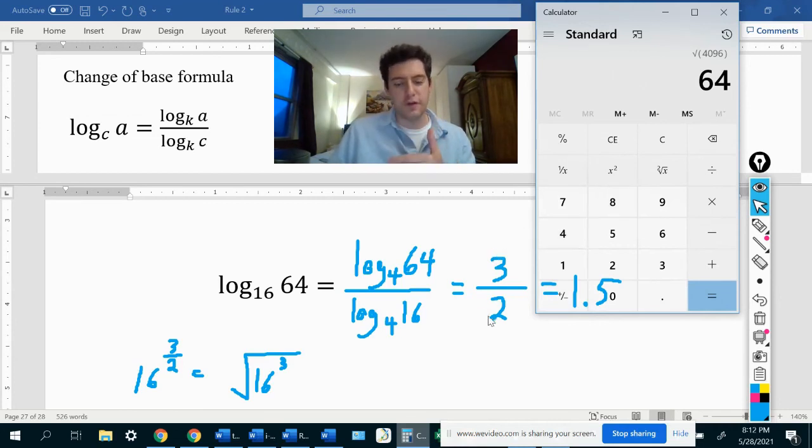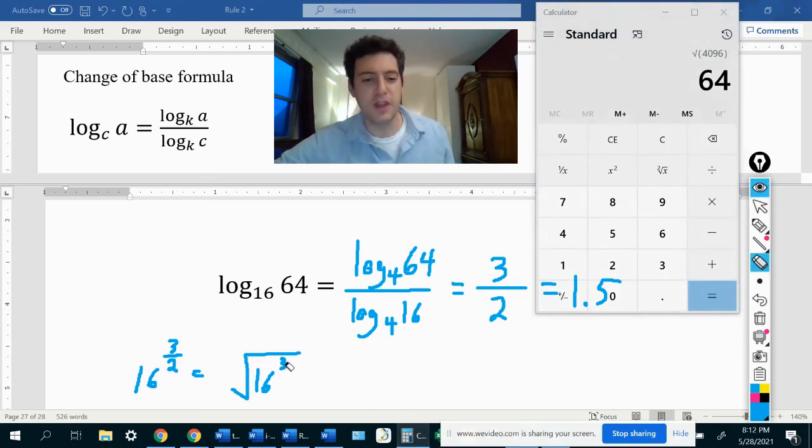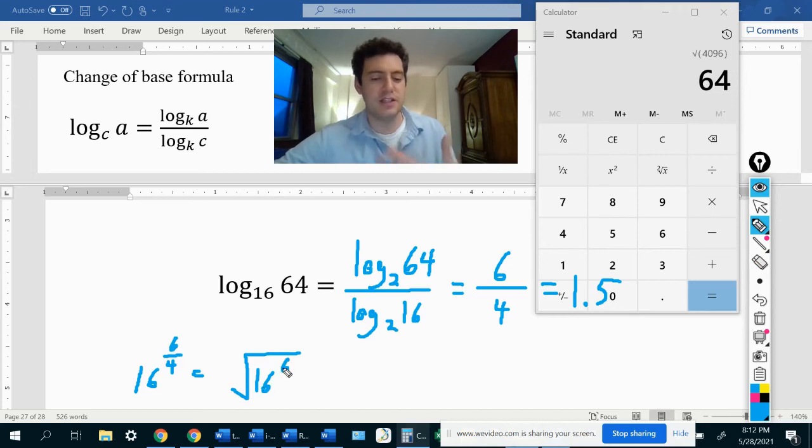We had 6/4 earlier, you might remember. If we did this same sort of thing, just going back to what we said earlier, where this was a 2, this was a 2, this was a 6, and this was a 4, then that would also work. So 16 to the power of 6/4 means take 16 multiplied with itself 6 times, 16 to the 6th power, and then take the 4th root of that.